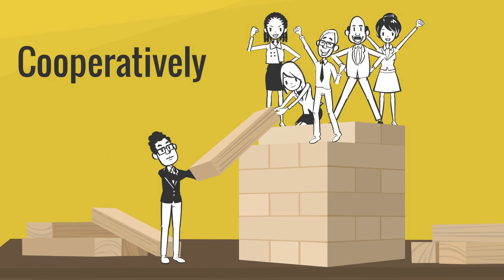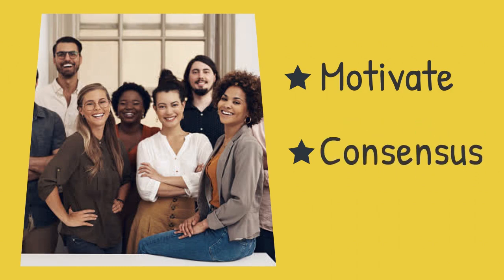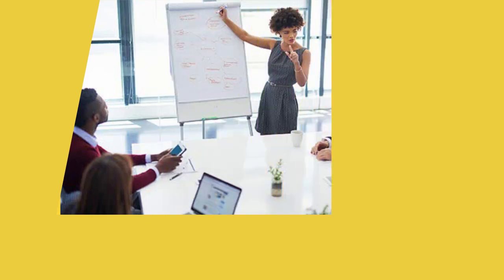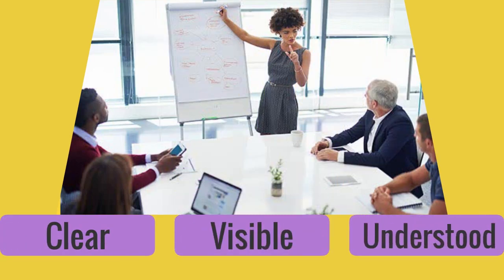A team that works cooperatively and with a positive attitude leads to a more effective team and improved productivity. Teamwork is increased when management can motivate their decisions and there is a consensus within the team on how to proceed. When formulating a plan, it is important that the plan is clear, visible, understood by all affected parties.